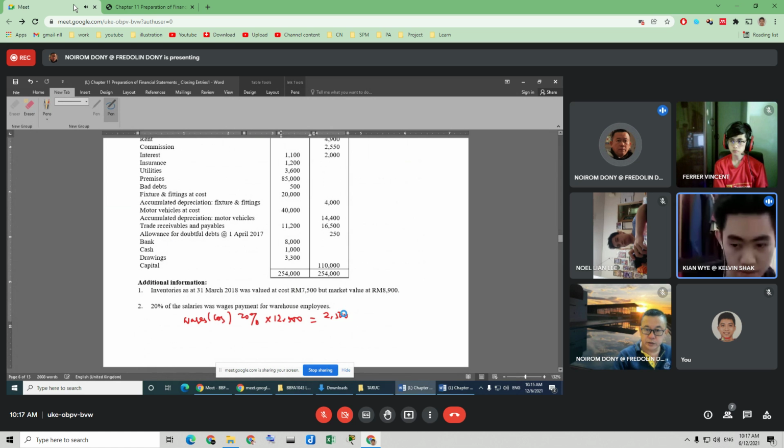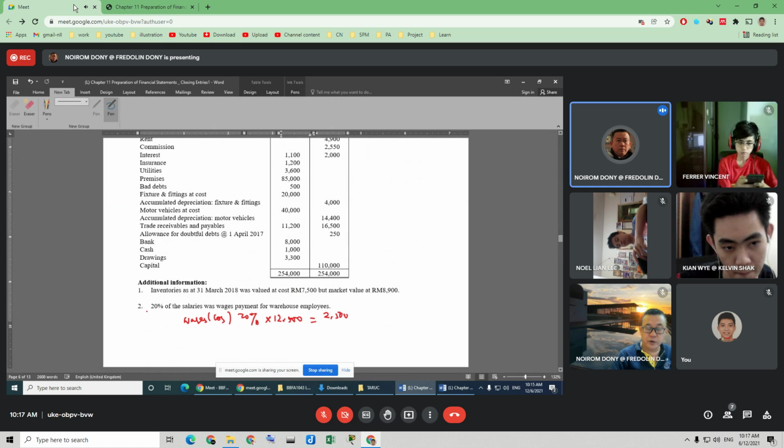So wages and salary should be different things. It's the same thing, but one is related to purchases, and the other one is general salary, not related to the purchases.